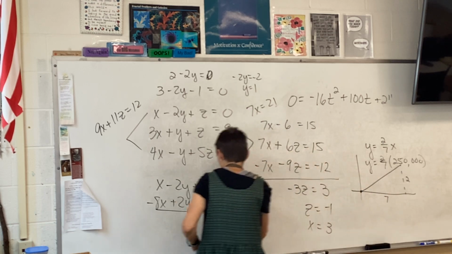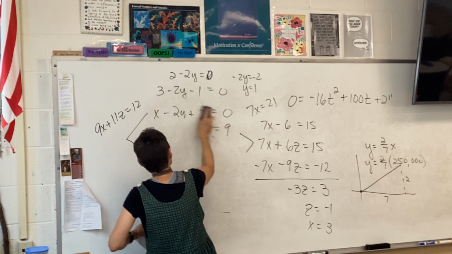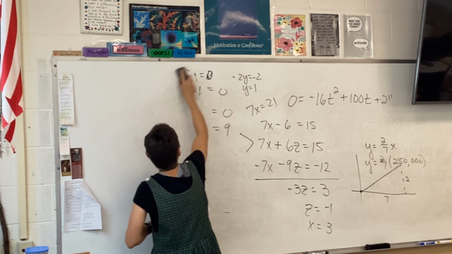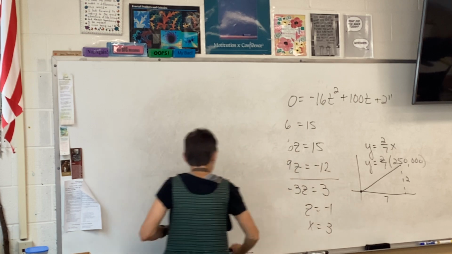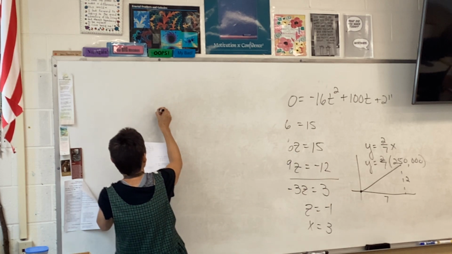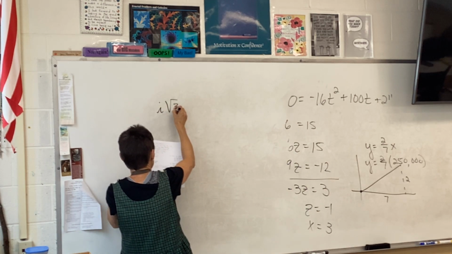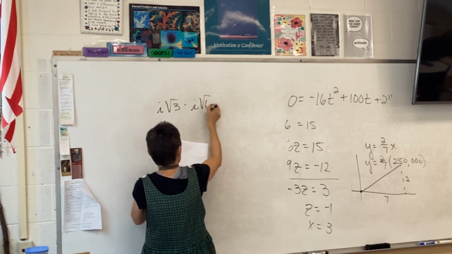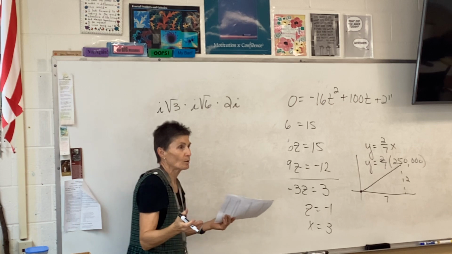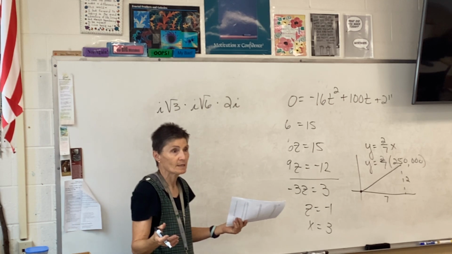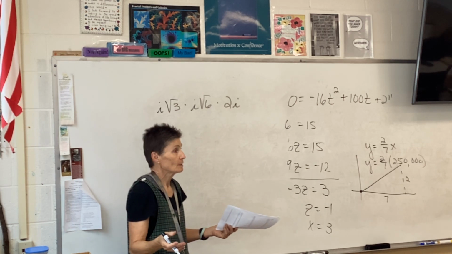First of all, when you see the square root of a negative, the very first thing you need to do is take out the i. So that's going to be i root 3 times i root 6 times 2i. I'm not going to write the square root of 4 because the square root of 4 is 2, right?